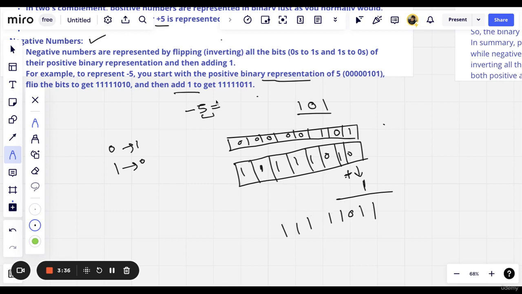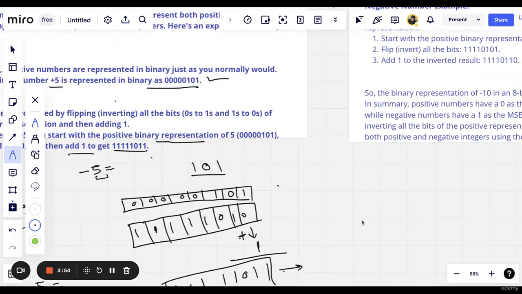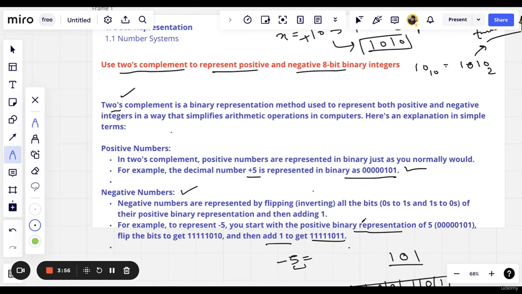So you get this number, and this is the final answer. So the 2's complement of -5 is this binary number.